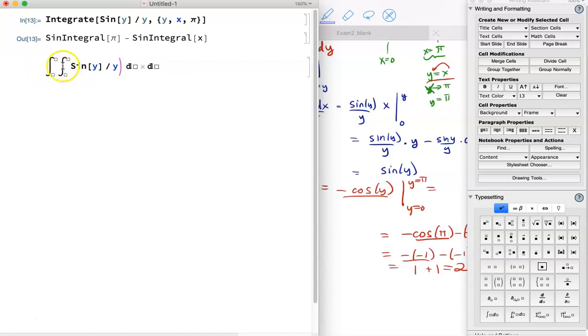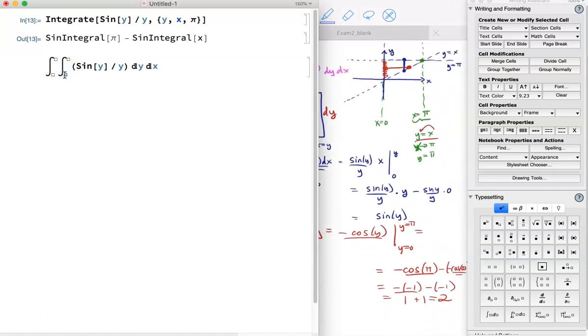But a computer might not have trouble, because computers maybe know some integrals and how to evaluate some integrals that we don't. And so when we had the original ordering, y went from, let me see, remind myself, y went from x up to pi, and x went from 0 up to pi.